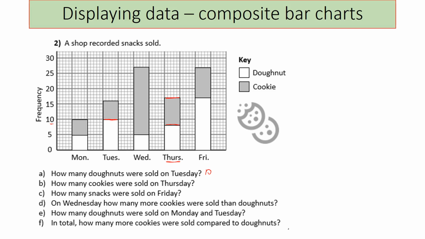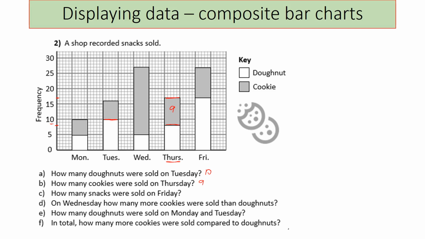Or I can see that it goes up from 8 to 17. So now 17 take away 8 is 9. So that bar represents 9.